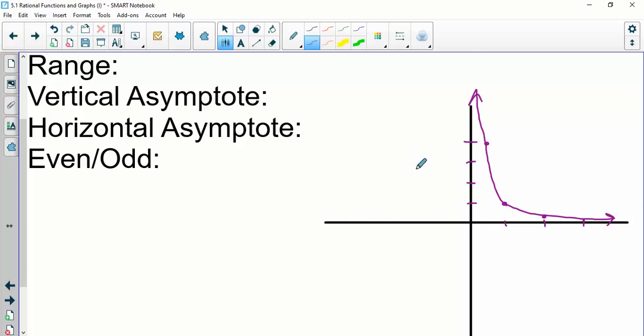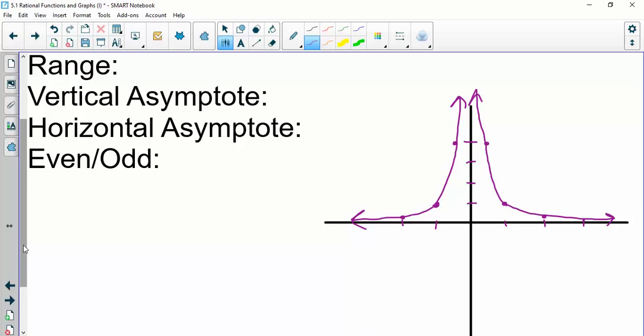What if I put in -1? 1 over -1 squared. If I put in -2? +1/4. If I put in -1/2, I get +4. So on the reciprocal square function, because the square makes everything positive, both sides are pointing up.